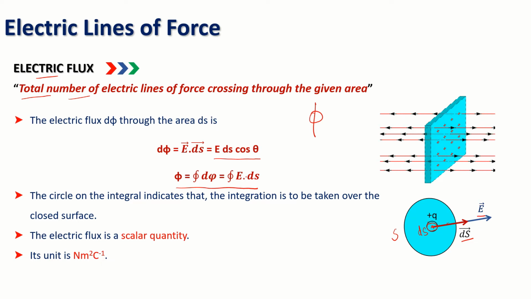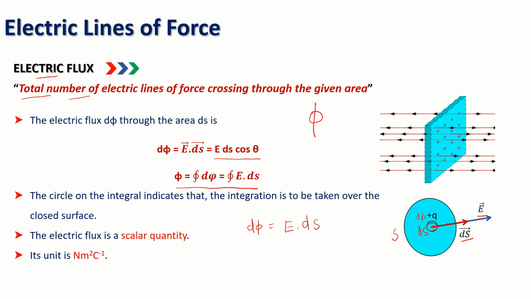So E dS here gives the electric flux for the smaller spherical area, called d phi. So a smaller flux d phi is nothing but E dot dS.